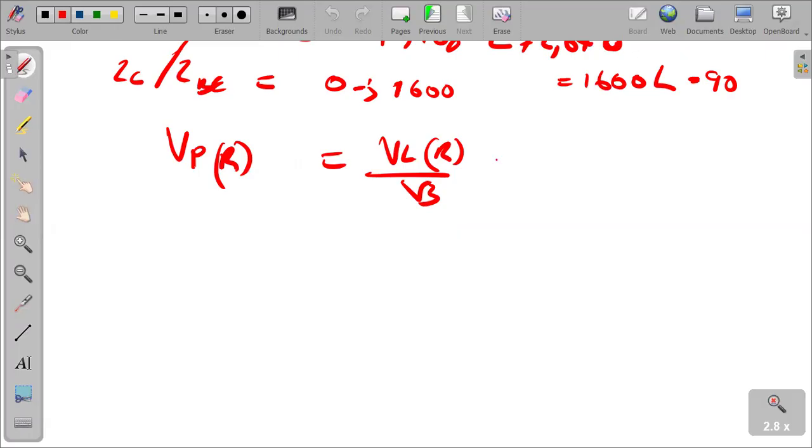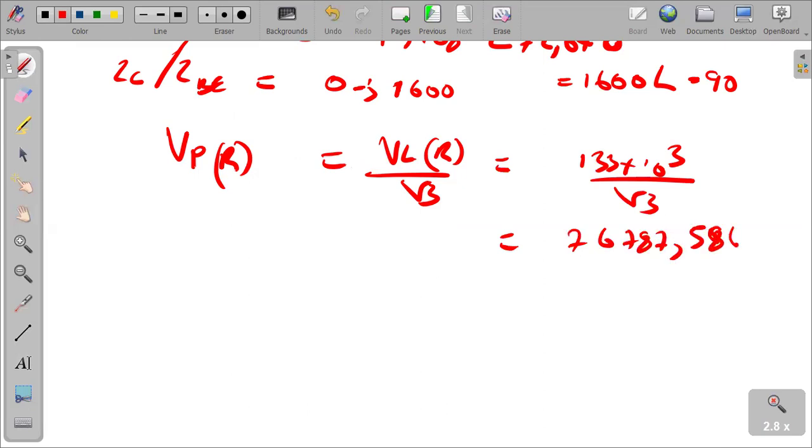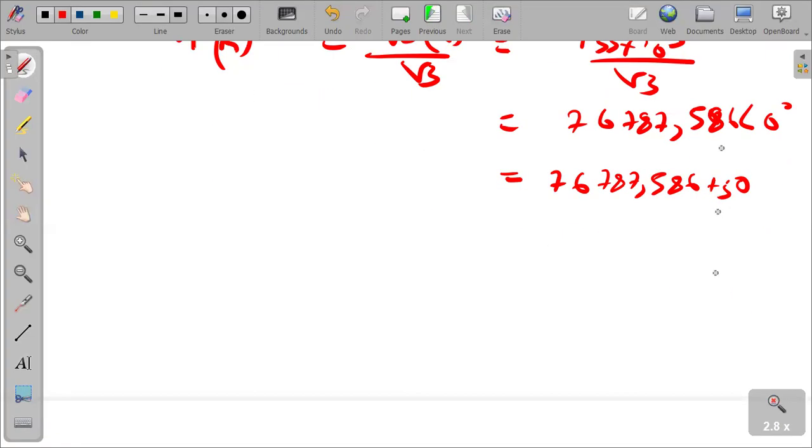So we calculate 133 times 10 to the power of 3, divided by root of 3, and that gives us 787.586 angle of 0 degrees, which is equal to 787.586 plus j0. That's VPR for us, the phase voltage of the receiving end.